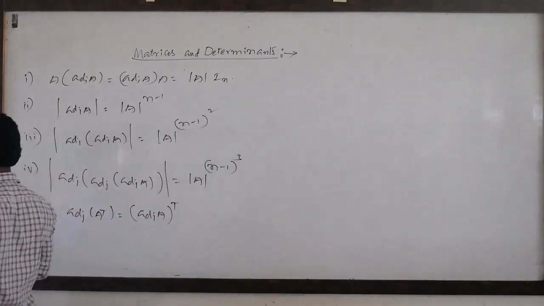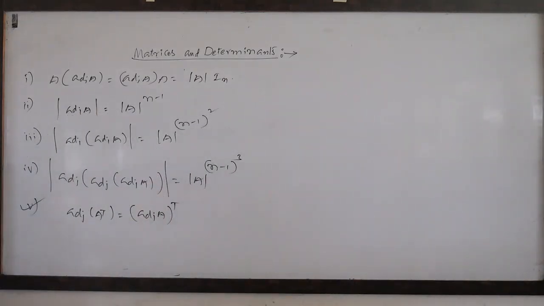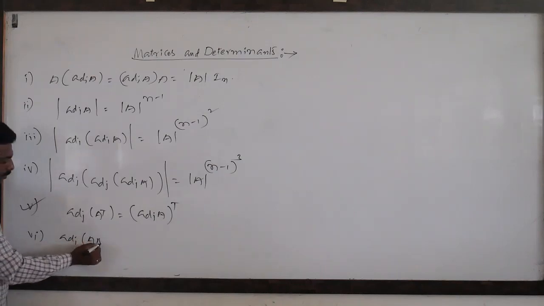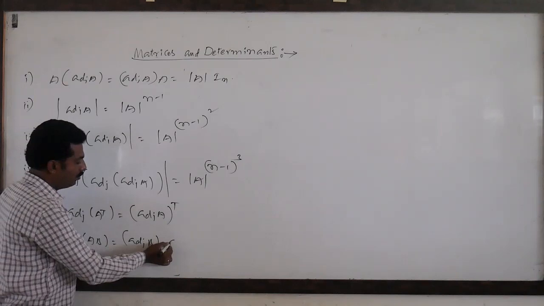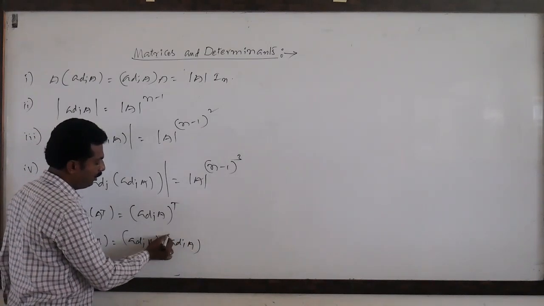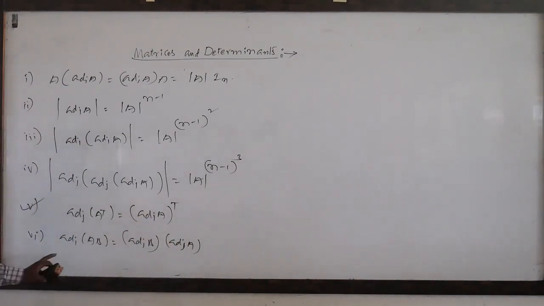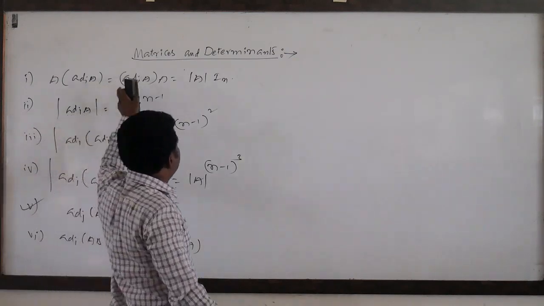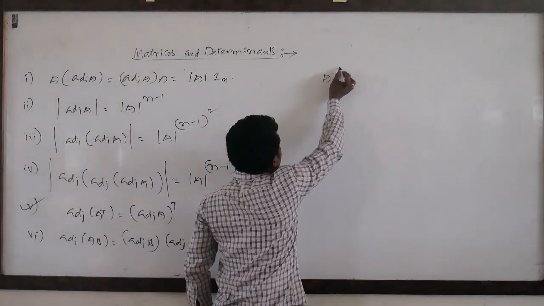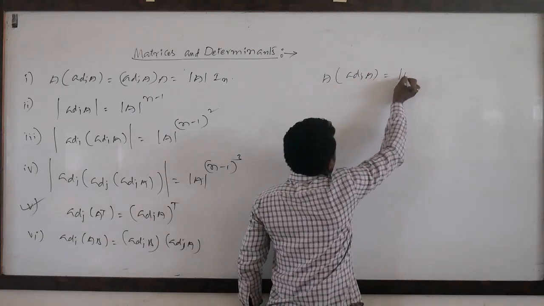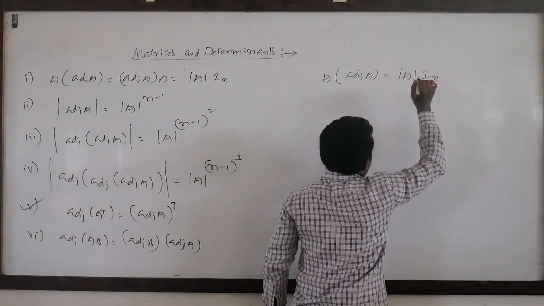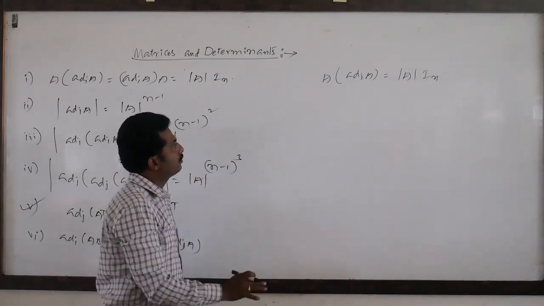Sixth property: adjoint of AB equal to adjoint of B into adjoint of A. This is most important. Again we are using this property: A into adjoint of A equal to determinant of A into In, identity matrix.